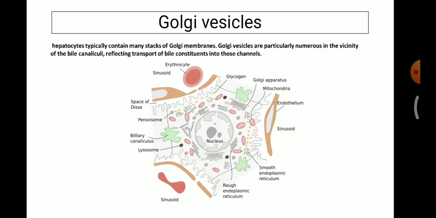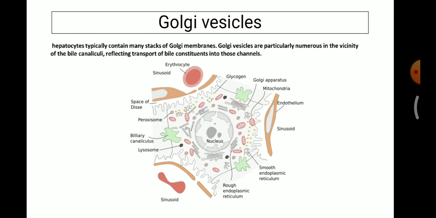Next is Golgi vesicles. Hepatocytes typically contain many stacks of Golgi membranes. Golgi vesicles are particularly numerous in the vicinity of the bile canaliculi, reflecting transport of bile constituents into these channels. So Golgi vesicles are located near bile canaliculi for the transport of bile constituents into the channels.